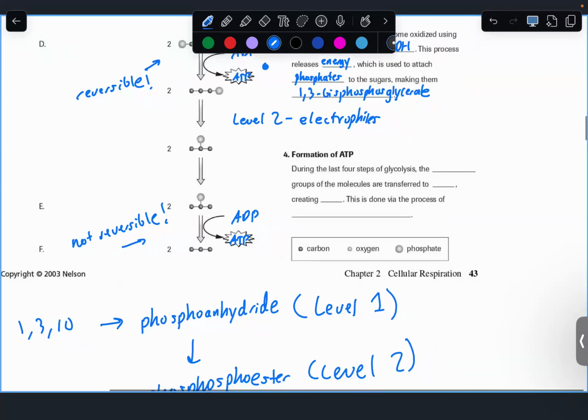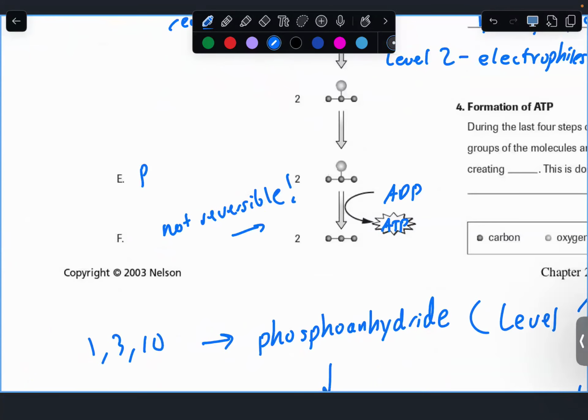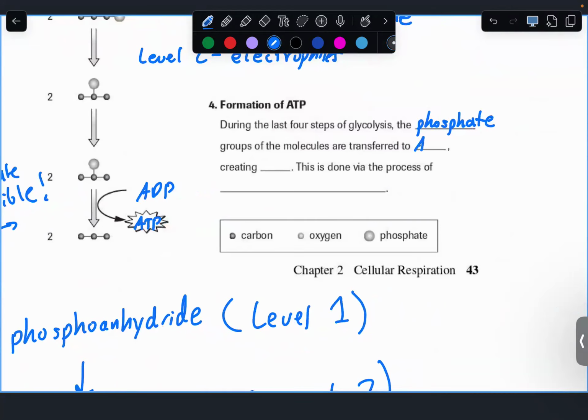And now here, in the final step of the process, this is where we actually get our net gain of 2 ATP molecules. So during the last 4 steps of glycolysis, the phosphate groups of the molecule phosphoenolpyruvate, which is converted to pyruvate, are transferred to ADP, creating ATP.